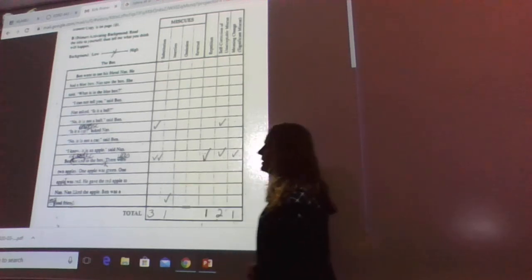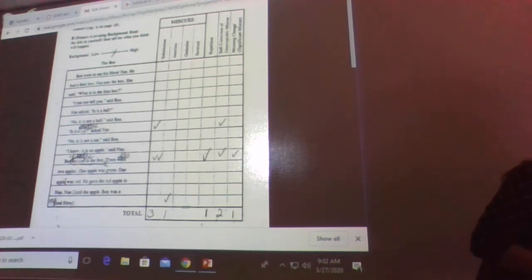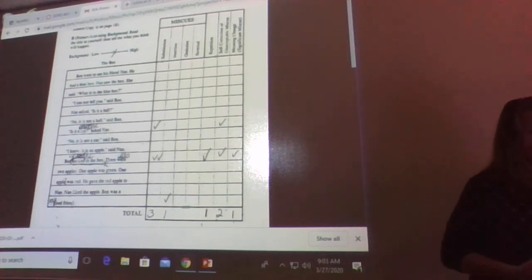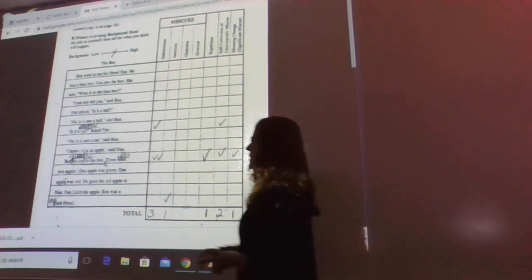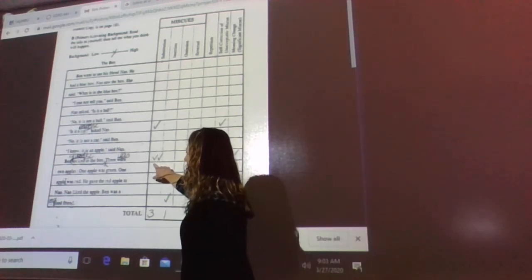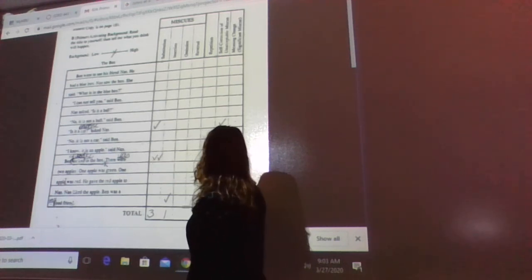Now, over here, he has said liked in the box instead of looked, so he self-corrected that. And then he said there was 2 apples. And then he added the word very down at the bottom, a very good friend. And on this line, we put miscue, a substitution for liked for look, but he did self-correct it.